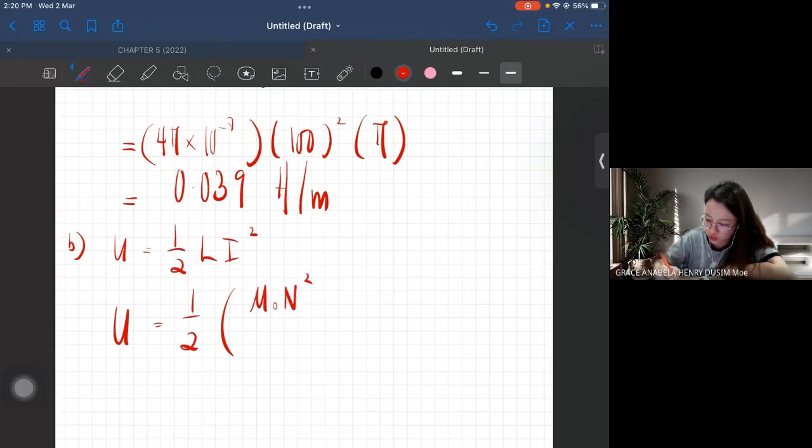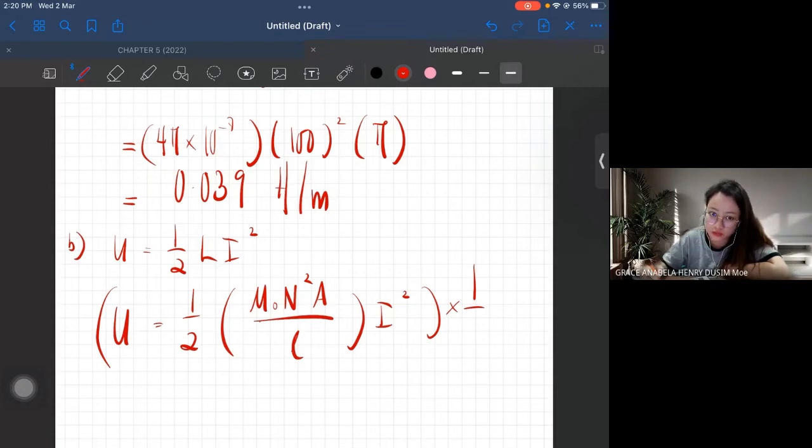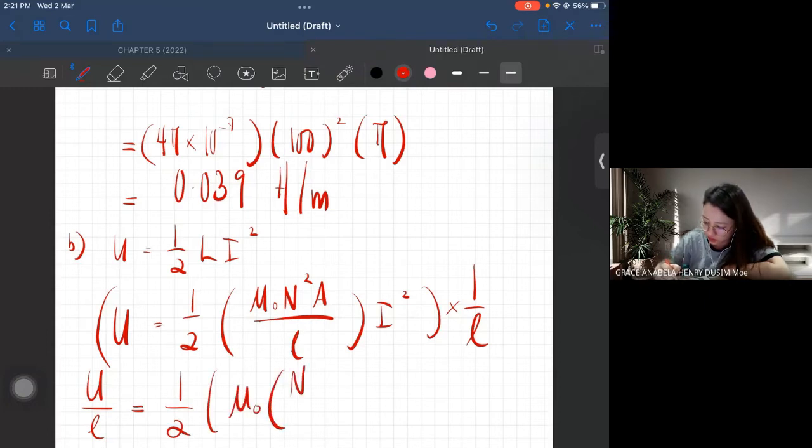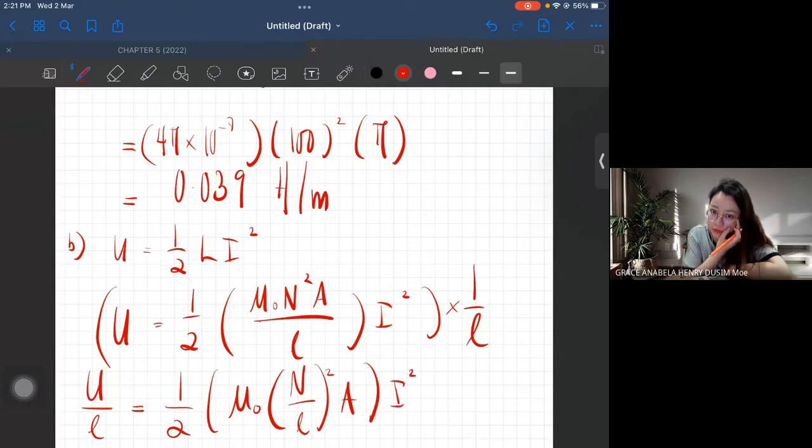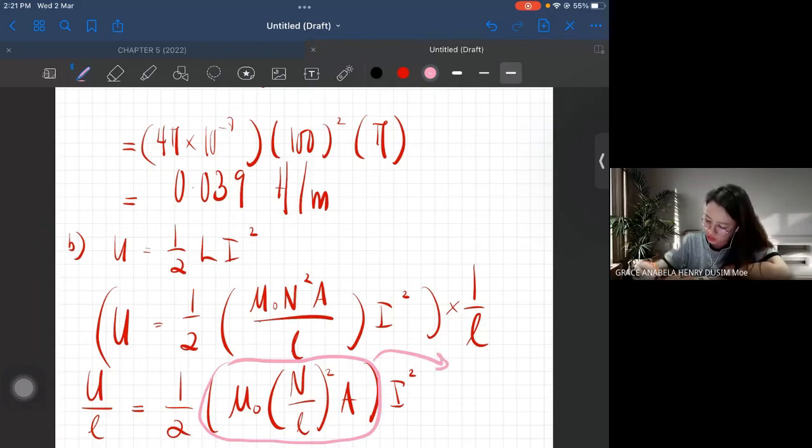Inductance is mu naught N square A over L, so we have to multiply this whole thing by 1 over L, because we want U over L. From here we get half of the expression from above, N square A I square, which we can write as inductance per unit length.